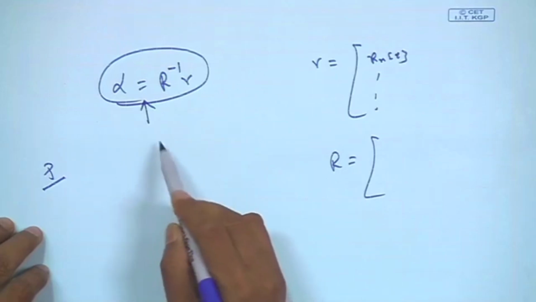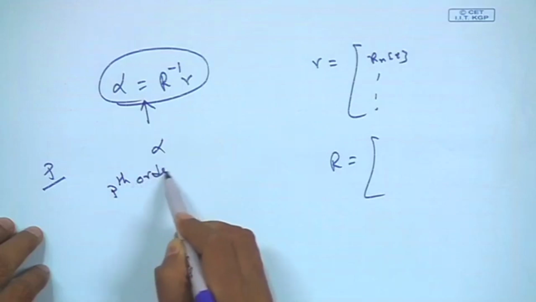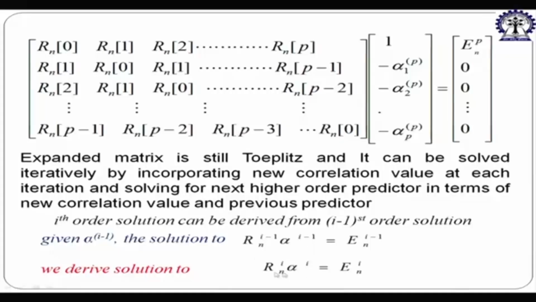I can iteratively predict the alpha values, and at the pth iteration I get the optimum solution. So in Levinson recursion, I can predict the current ith matrix equation solution from the previous, (i minus 1)th order solution.